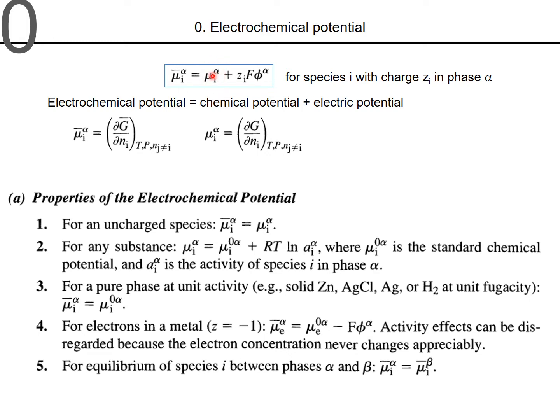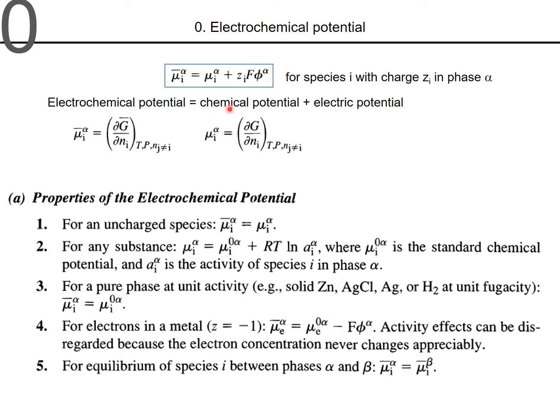In the same way, the electrochemical potential is mu with a top bar of species i in the alpha phase. Also, the electric potential is the product of the charge z of species i, the Faraday constant, and the potential in the phase of alpha.